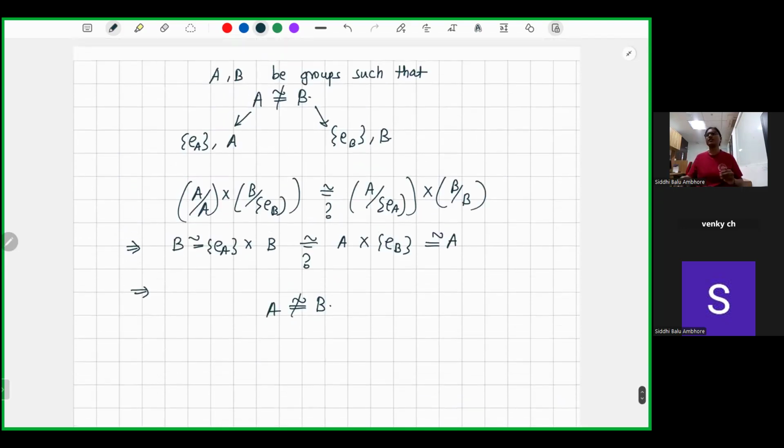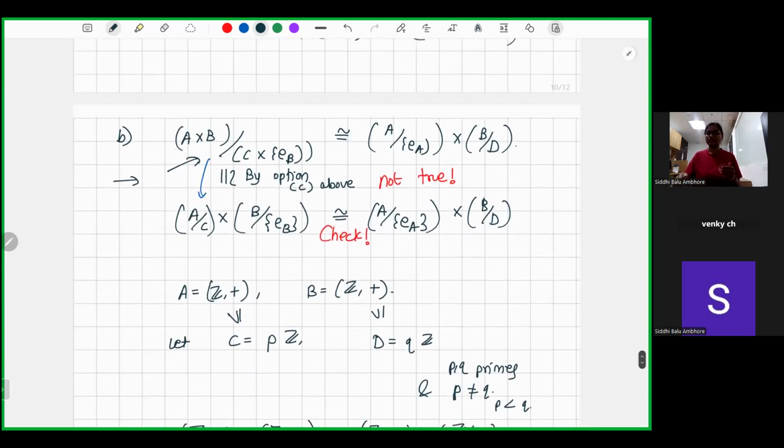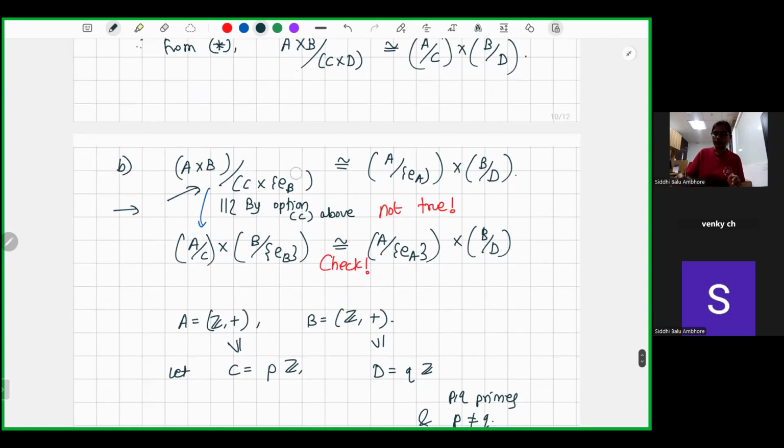So this is a completely trivial example where you do not need to understand anything about the actual structures of A and B, and you can just say that this is not true here.